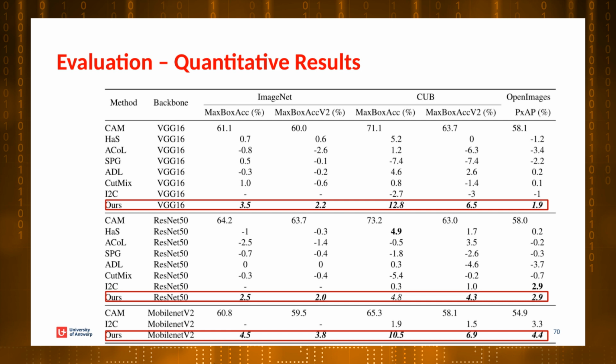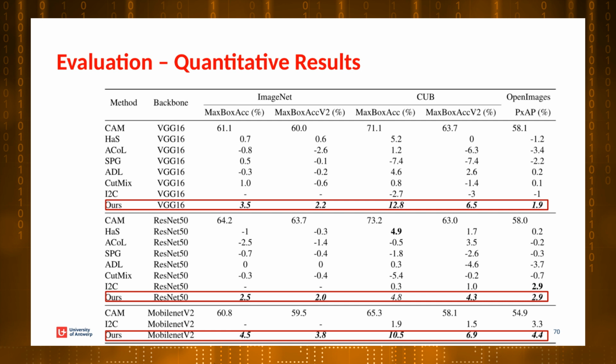Some of them are bird images. There is also the famous ImageNet, which has 1,000 categories, and Open Images, which is a more diverse data set. On the first row of each of these 3 groups, you see the performance of CAM, which is the basic method that I explained before. Then you see a set of methods which were the ones that came after CAM.